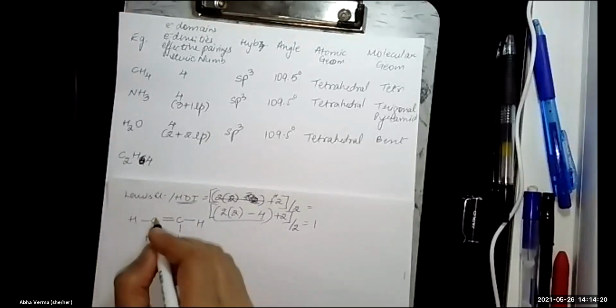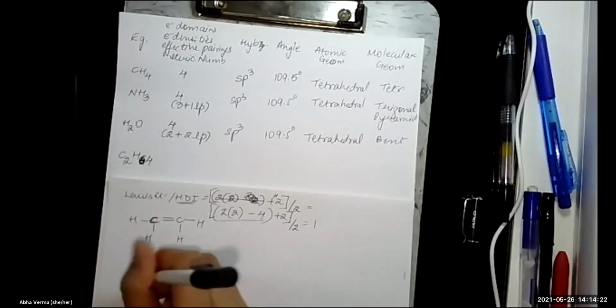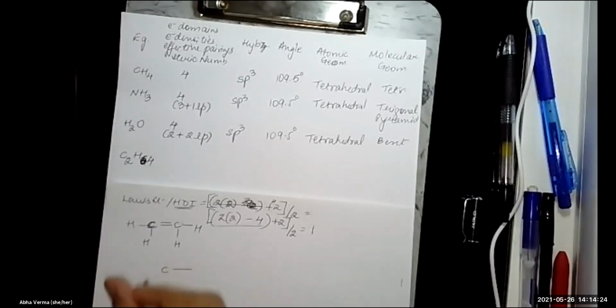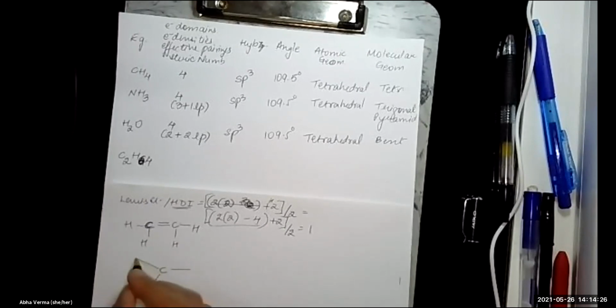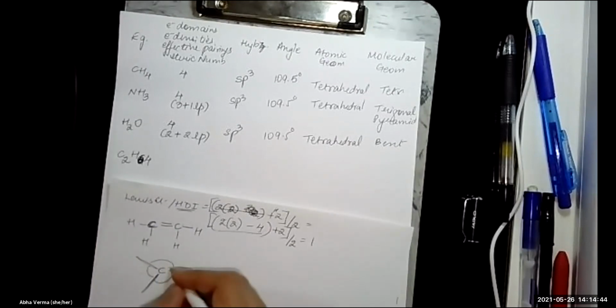However, in real time, when the carbon is placed with 3 different atoms around it, it will want to be at the maximum distance from all of them. And so when you have 3 electron densities, you will have sp2, and the bond angle is going to be 120.